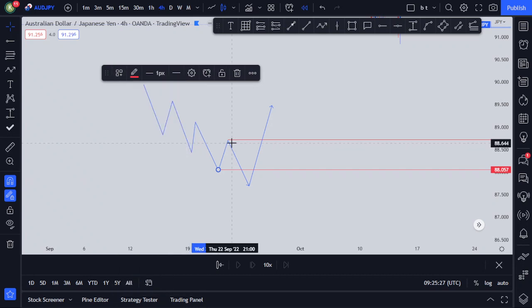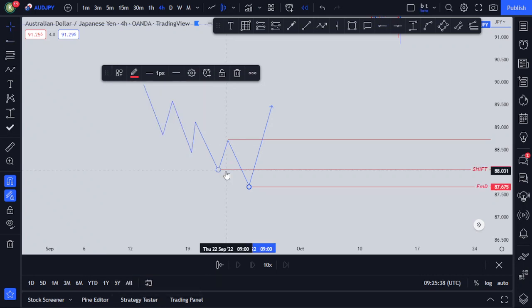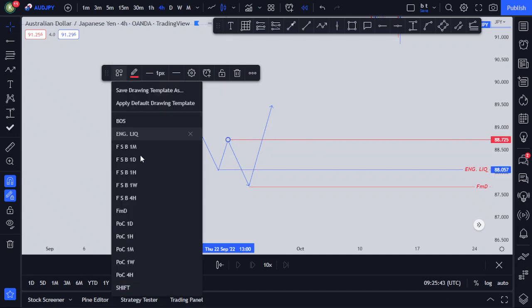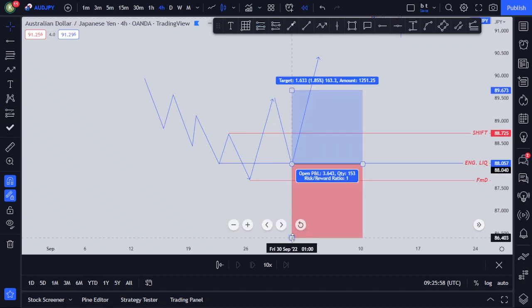This is a shift, and this is a furthermost deviation. So expect price to come here, then go up. This place becomes your entry. The stop loss is here, right?